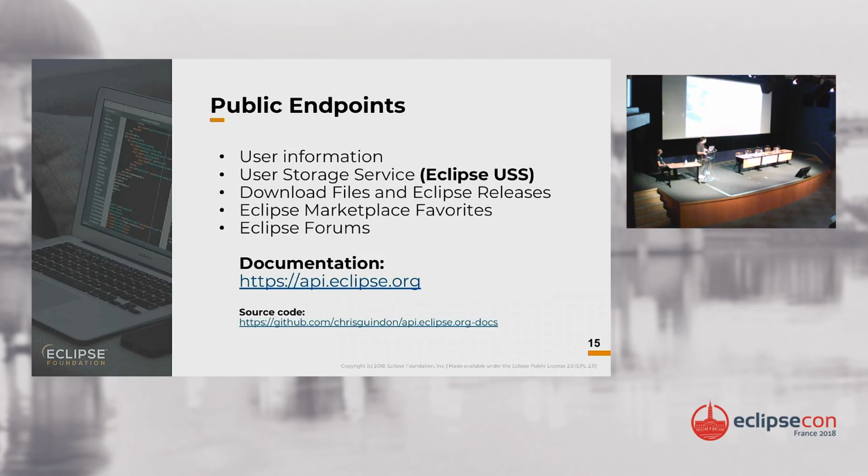One is information about users from our community. We have close to 400,000 accounts on our website, on the Eclipse User Storage Service on the API, and so you can get public information about our users, for example, first and last name, because those are required fields. At the Eclipse Foundation, we're building an open and transparent community, so it's important for us to display the names of people so that they're not submitting pull requests anonymously.